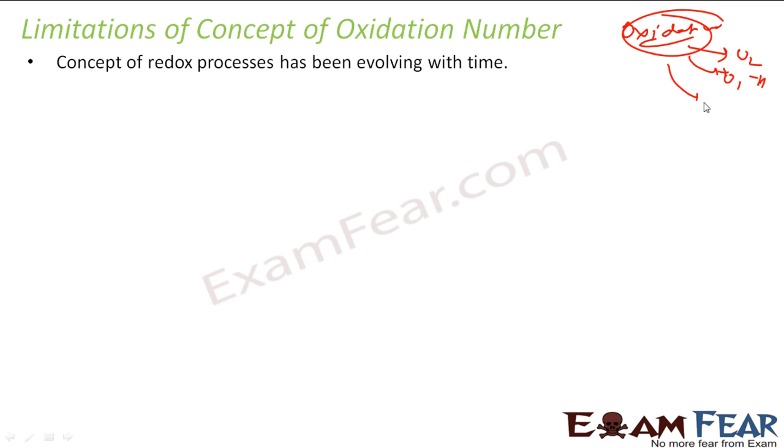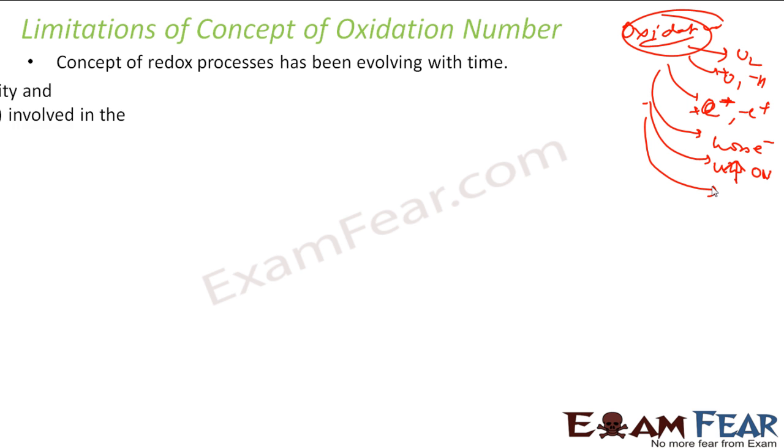Then we talked about addition of electronegative and removal of electropositive elements, right? And then loss of electrons. Then we talked about increase in oxidation number, right? And then we talked about electron density.